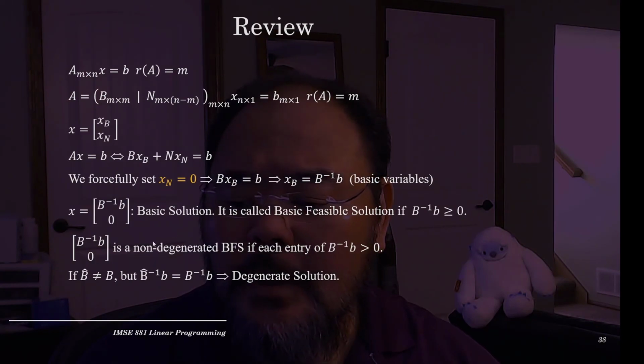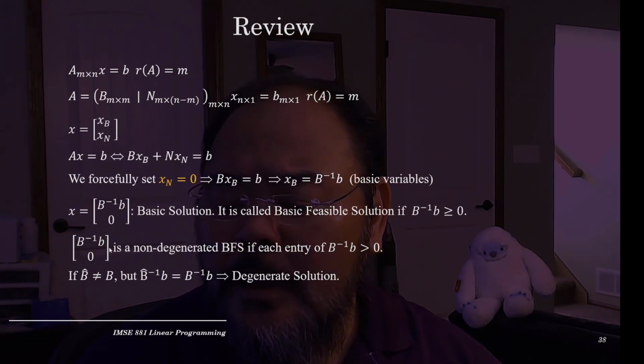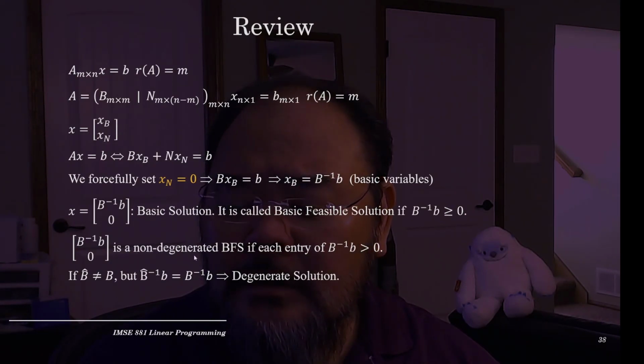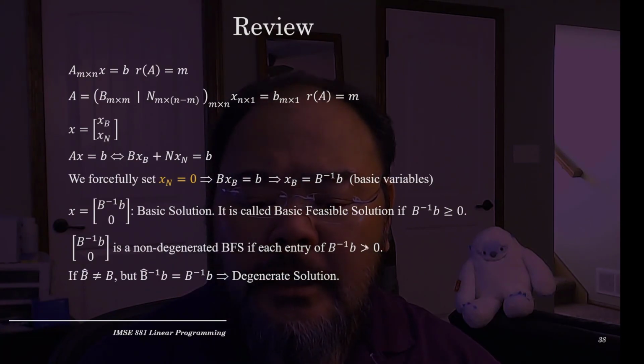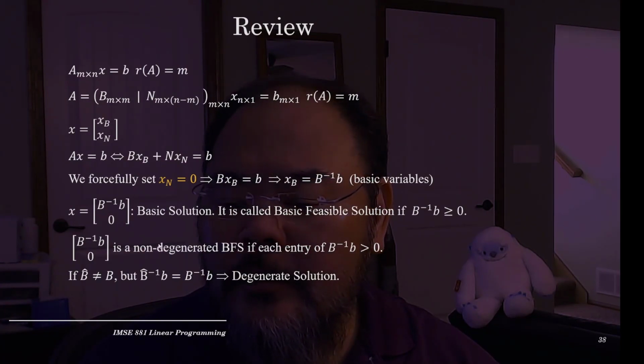Also, the current solution is called a non-degenerate basic feasible solution if all the entries of the basic variables take a positive value. If some of the basic variables have a current value equal to 0, then we call it a degenerate solution.